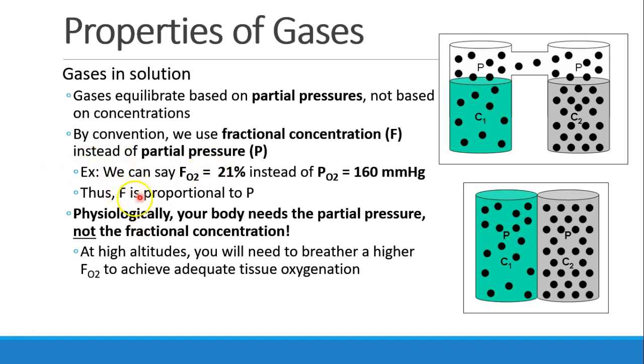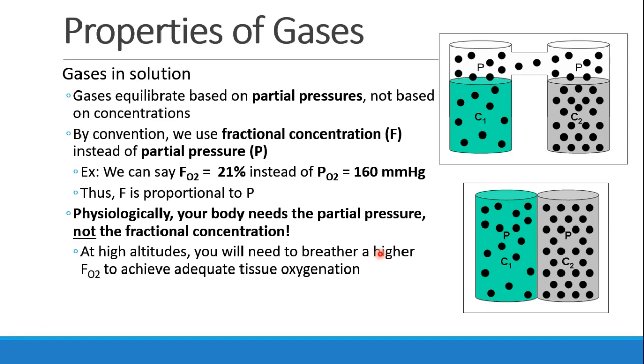So F, the fractional concentration, is proportional to P, the partial pressure. So when we talk about things equilibrate based on partial pressure, we could also say they equilibrate based on fractional concentration. The thing you need to know is that physiologically, your body needs the partial pressure to get the physiologic effect, not the fractional concentration.